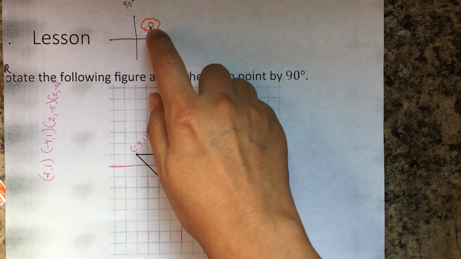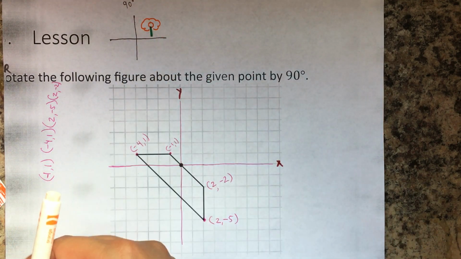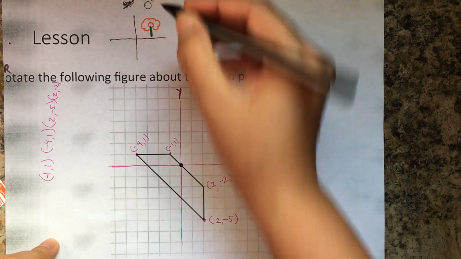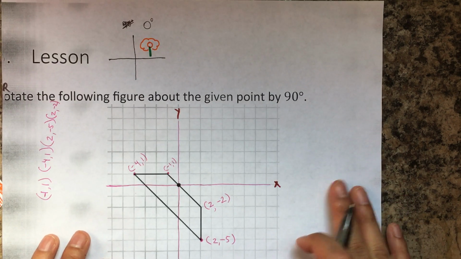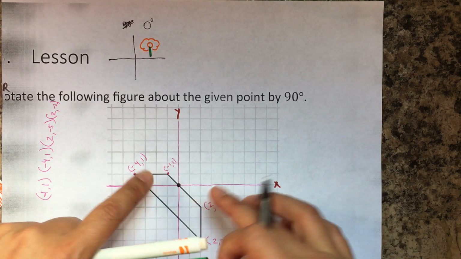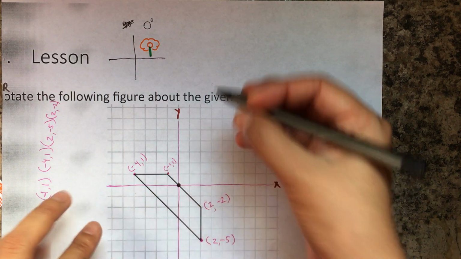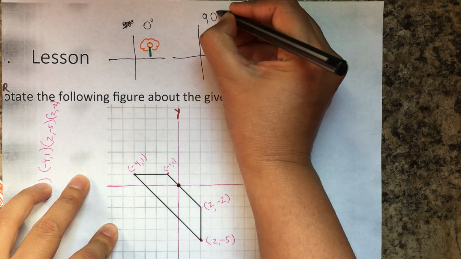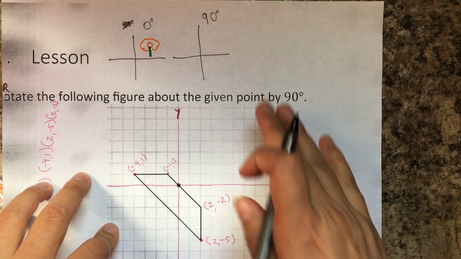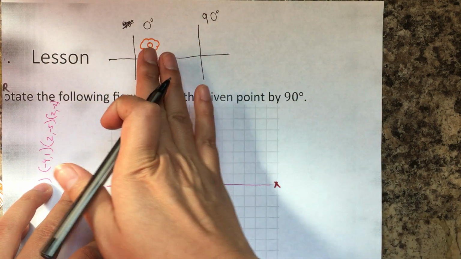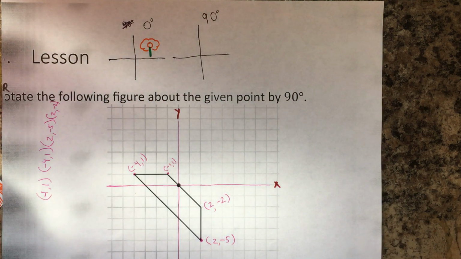If I leave it as my original, that's 0 degrees, the figure is where it is. If you're moving your figure 90 degrees, it means your picture is going to move kind of like that.